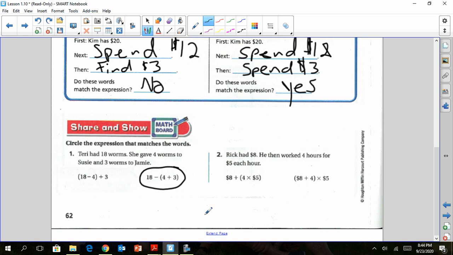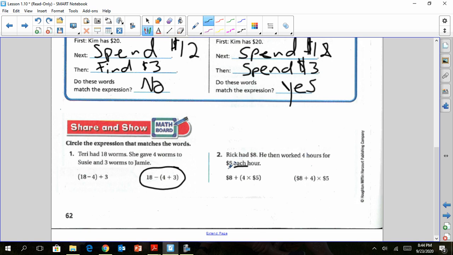Question number 2. Rick had $8. He then worked 4 hours and made $5 each hour. So he started out with $8. He then worked 4 hours and made $5 each hour. Remember what the word each tells us. Each tells us we're going to multiply, and we're going to multiply the 4 hours times 5.